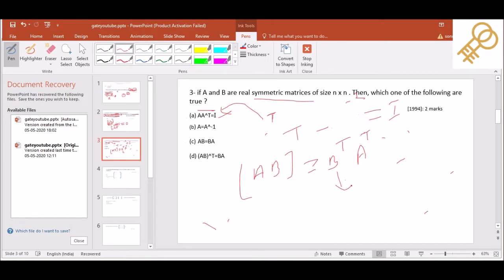Now B is a symmetric matrix, so B transpose can be replaced with B, and A is also symmetric, so A transpose can be replaced with A. So with the help of the left hand side, we are able to determine the right hand side given in the option. So this will be your correct option.